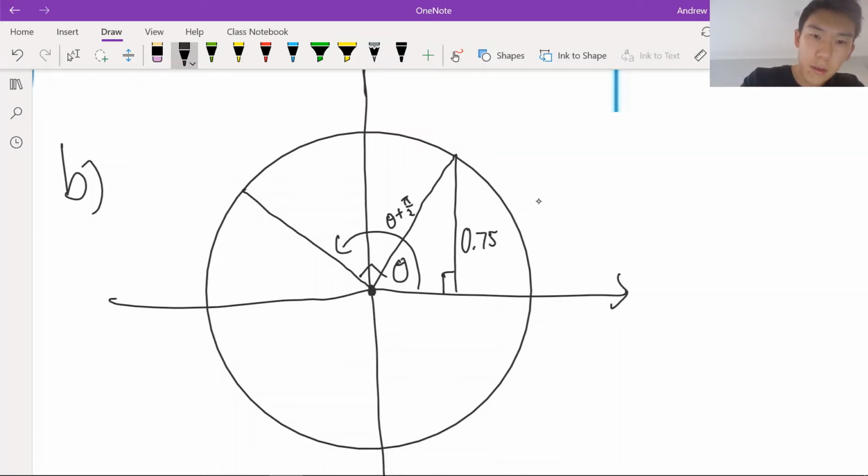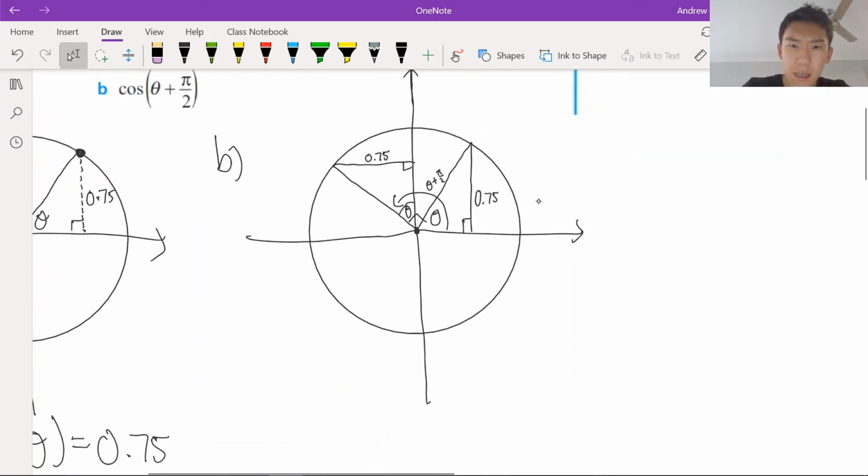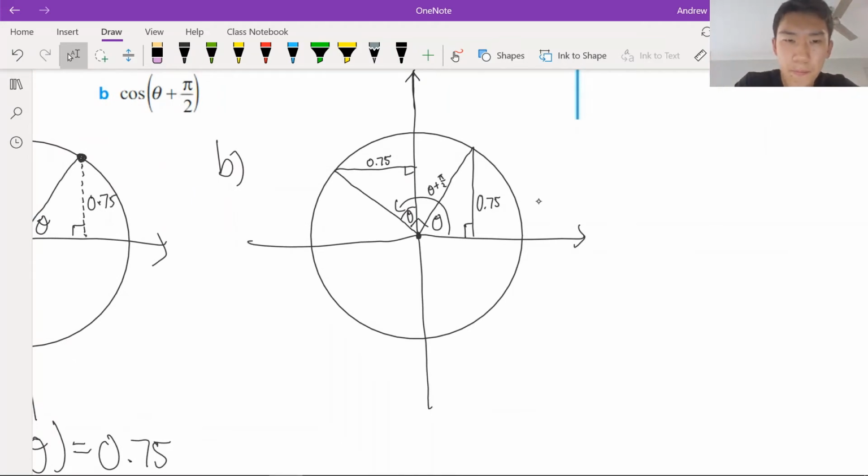So that means with the positive y-axis, this angle here is theta, which means we can construct our triangle again. Our triangle has just rotated about the origin 90 degrees anti-clockwise. So that means this side here is 0.75. Let's see what we want. We want cos theta plus pi on 2.